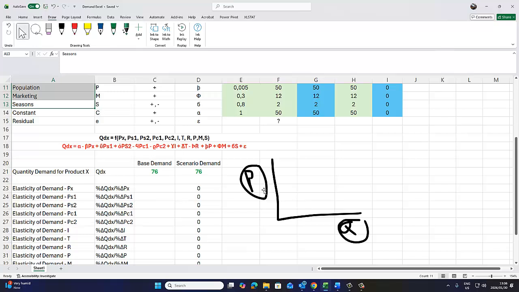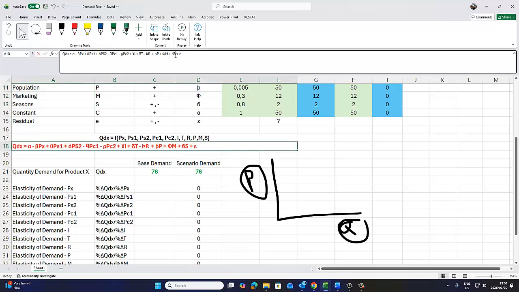Okay. So what we have to do is all these other variables, seasons, marketing, population, preferences, taste, income, price of complements, price of substitutes, all of those things have to be excluded. We have to reduce this equation.